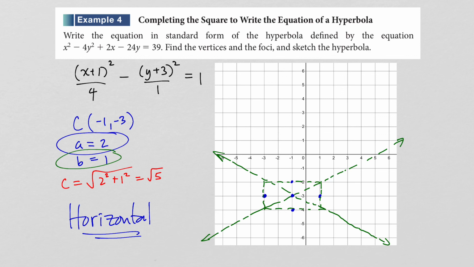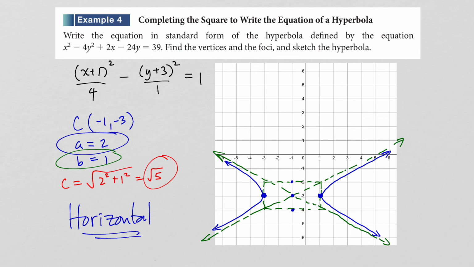And we know this hyperbola opens to the left and to the right. So we're just going to kind of sketch the hyperbola. Remember, it's supposed to get close to these asymptotes, but not touch the asymptotes. And the last thing is we should put in the foci.